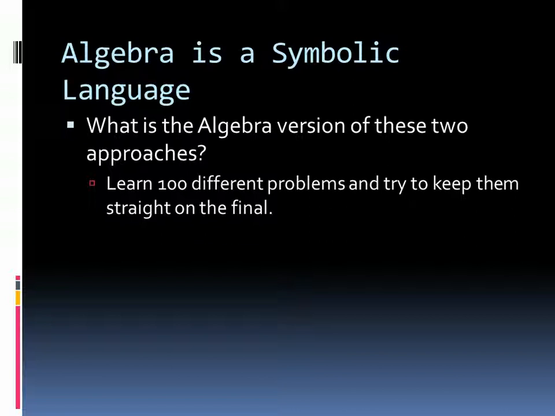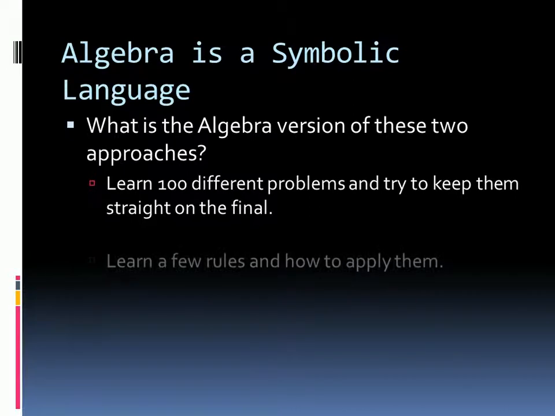Then when you get to the tests, there are about 25 to 30 different kinds of problems, and it's already kind of a struggle to keep it all straight. When you get to the final exam, there are about 100 different types of problems you're trying to prepare for, and then it really becomes a problem to keep it all straight.